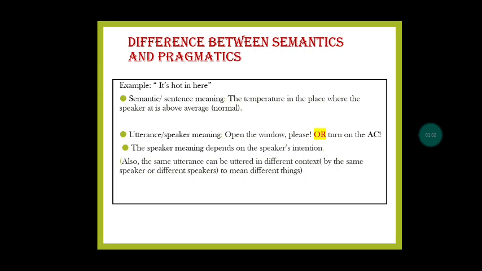That is the only semantic interpretation for this sentence, the literal meaning of the sentence, whereas when this sentence is uttered by a speaker in different contexts, it may have different intended meanings. For example, the speaker meaning could be, open the window please, or turn on the AC. So it depends on the speaker's intention.